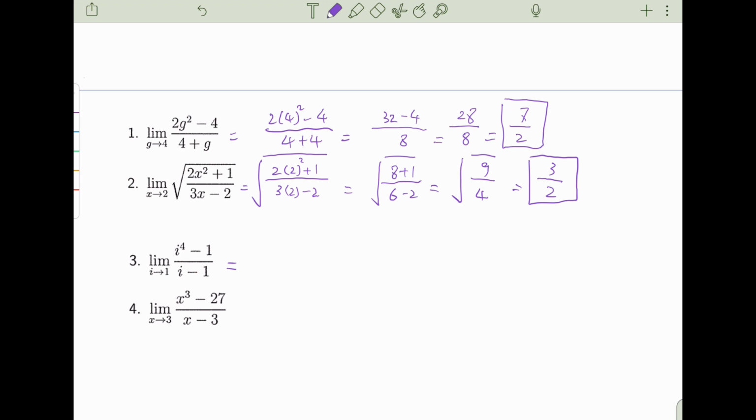If you plug in x equal to 1, then x to the 4 is 1, so 1 minus 1 is 0. You will have 0 on the top and 0 on the bottom. So this type is 0 over 0.